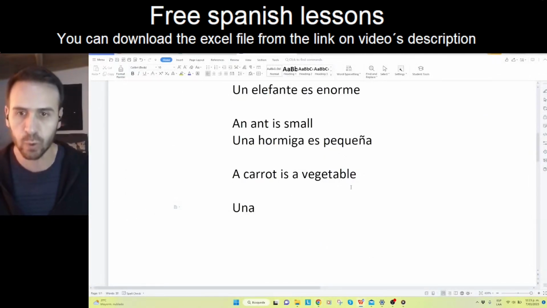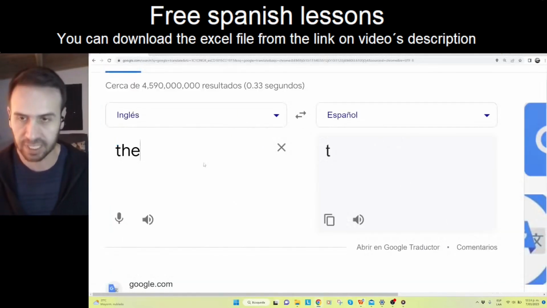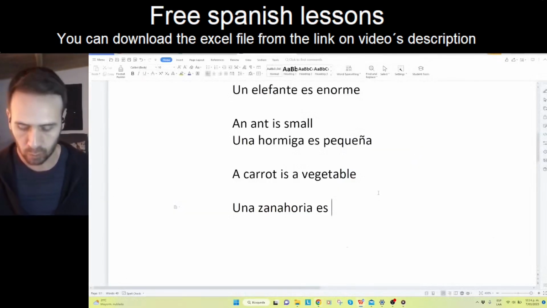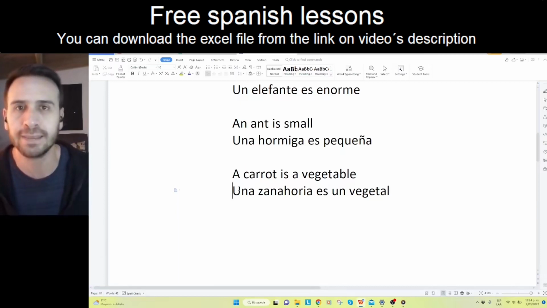Then we use una zanahoria es, and a vegetable. Let's put here the vegetable, and we have el vegetal. So if you use the word vegetal, it is male. So we use un vegetal. So we have a carrot is a vegetable, una zanahoria es un vegetal.